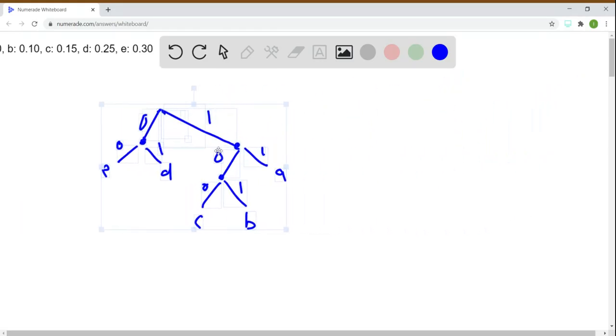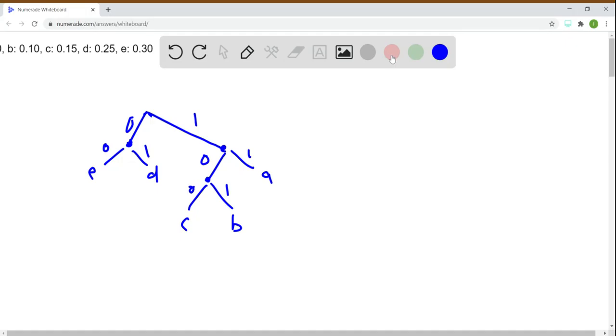All right, so this is going to be one possible coding that we could use. So let's go ahead and write them out now. So E, that's going to be 00. For D, that's going to be 01. For A, this is going to be 11.